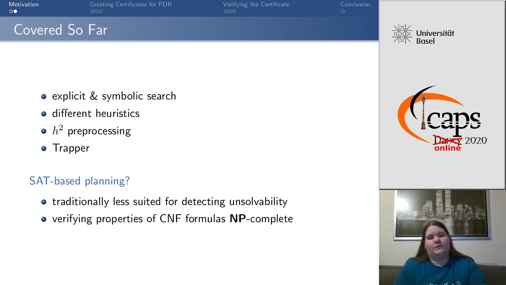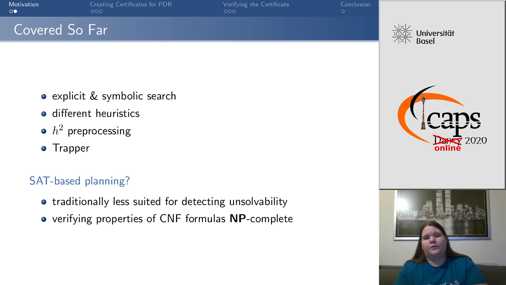This has two reasons. Traditionally, SAT-based planners are less suited for detecting unsolvability because they can only show that no plan of a certain length can exist. And if we have trivial upper bounds, this becomes an infeasible formula to solve.